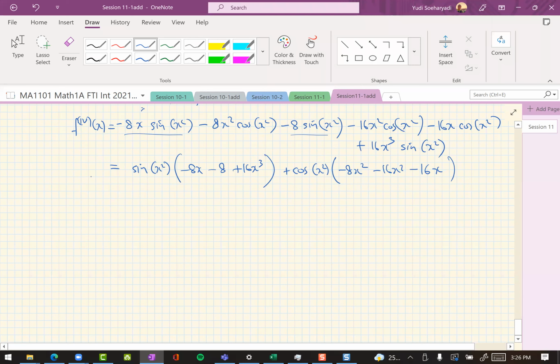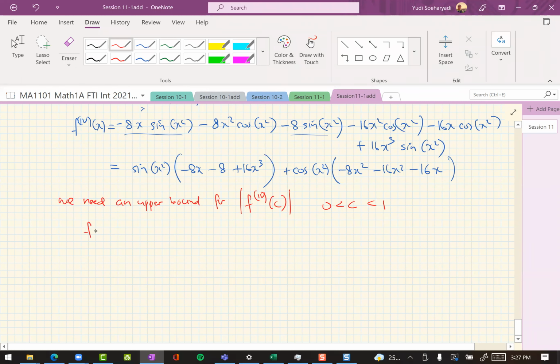All right, so let's estimate this one. We need an upper bound for the fourth derivative at c, where c is between 0 and 1.